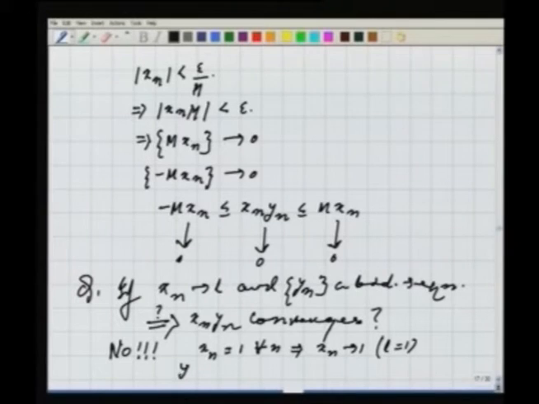And I choose y n equals minus 1 to the power n. Then x n into y n is minus 1 to the power n, and this does not converge.